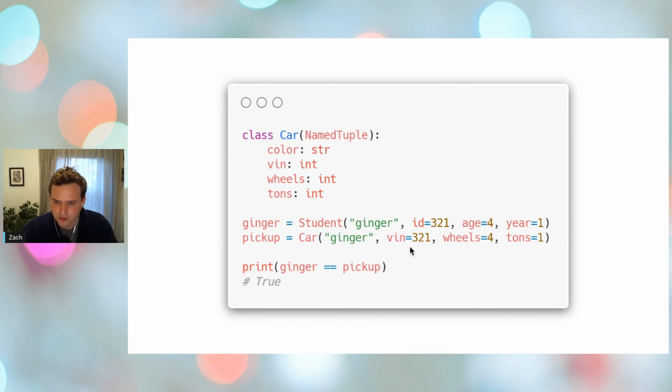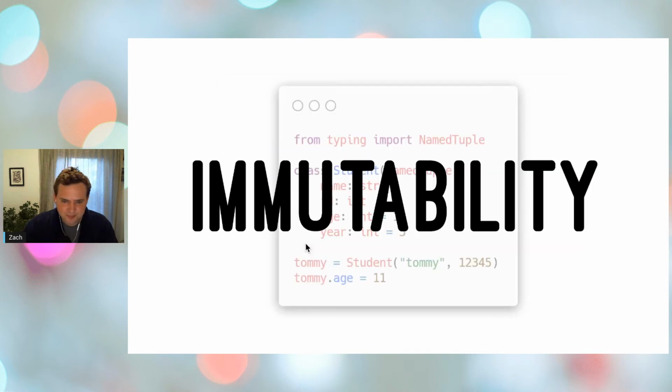The ID matches the VIN, the age matches the number of wheels, the year matches the number of tons. Well, those two, even though they're different classes, different types of named tuples, are also going to compare equivalent. So it's nice to be able to compare with a regular tuple value until it isn't, because there are very little applications where you would actually want a student to compare equivalent to a car.